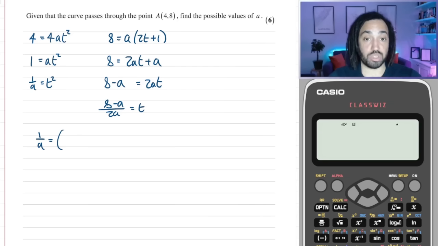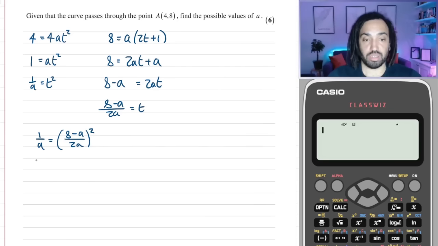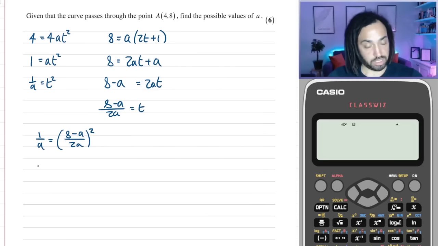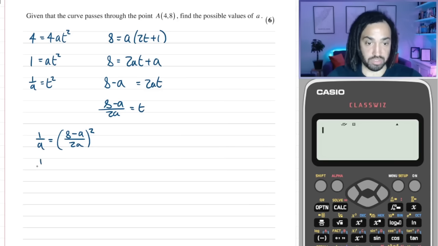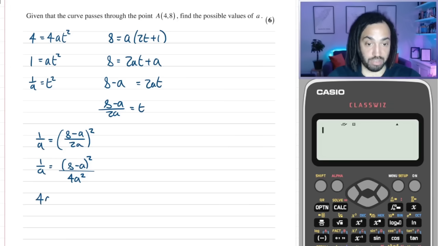We know t is also (8 minus a) over 2a, so we do ((8 minus a) over 2a) all squared, like so. Okay, great. So this gives us 1 over a is equal to (8 minus a) squared over the bottom squared, which will be 4a squared. And then we can multiply that up. And when I times this by 1 over a, it's going to give me 4a.